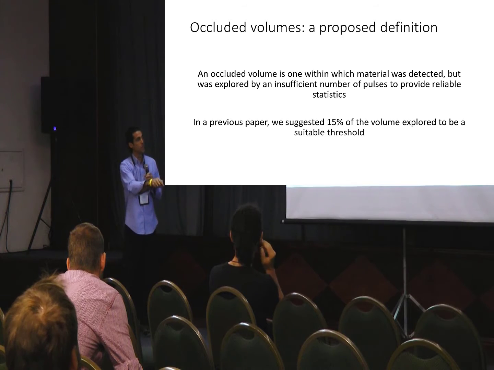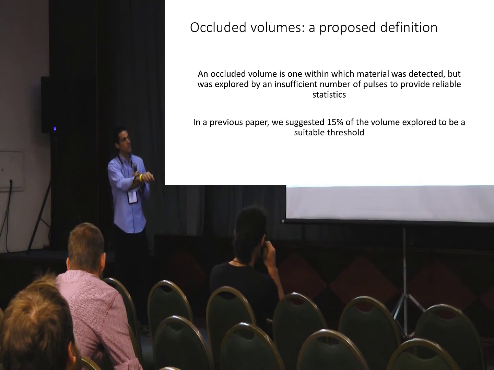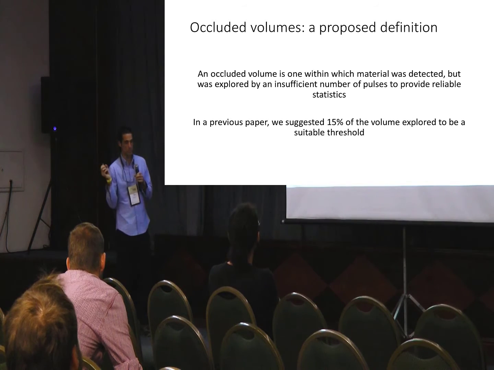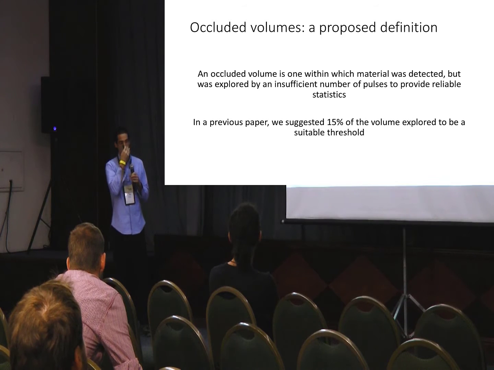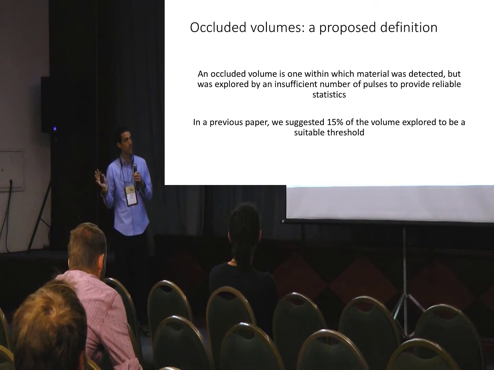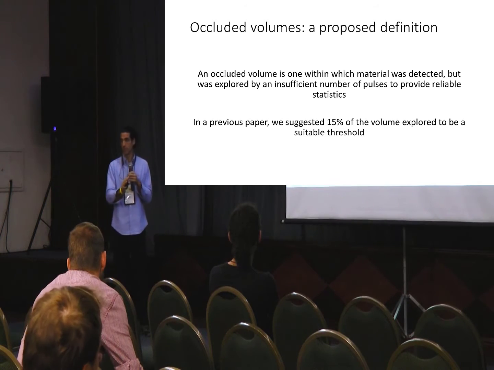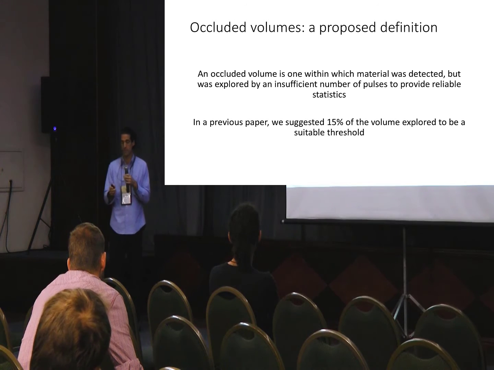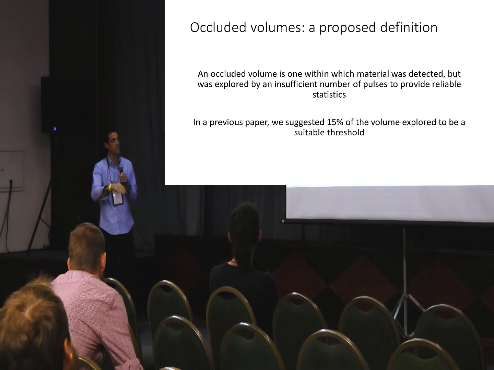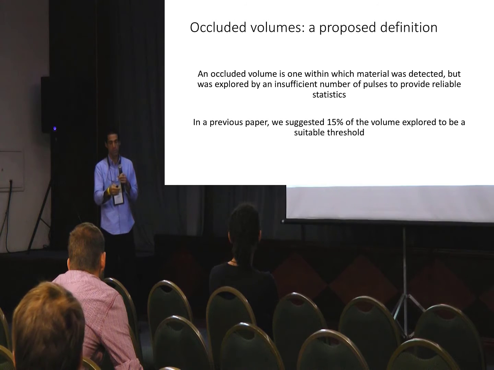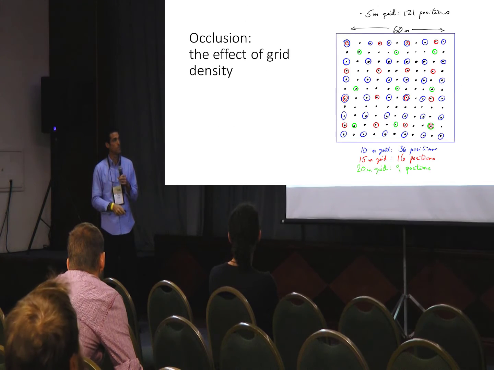And in the past we found that if less than 15% of the theoretical number of pulses that are entering these voxels actually reach the voxels, then this is occluded.